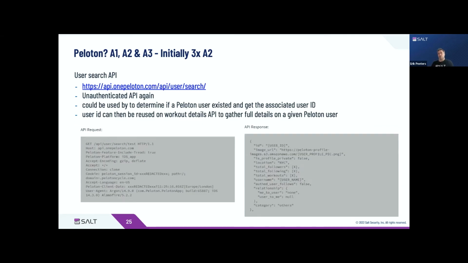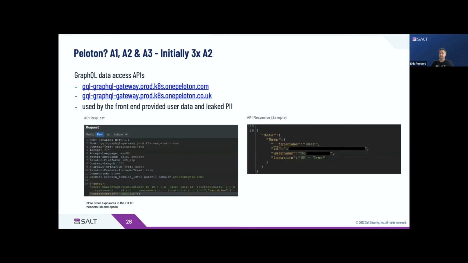Then there was the user search API, which could help you find that user ID in the first place, and also gave you the full details of that user. So that could also easily be queried. And there was then the GraphQL API, where data was masked at the front end, but you could simply look at the traffic capture and get the data.